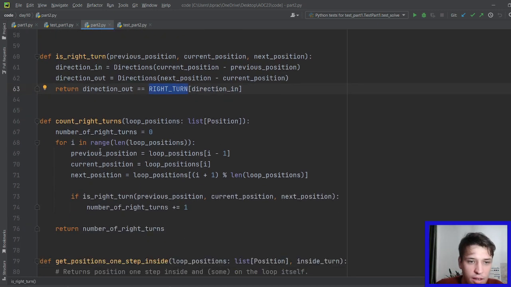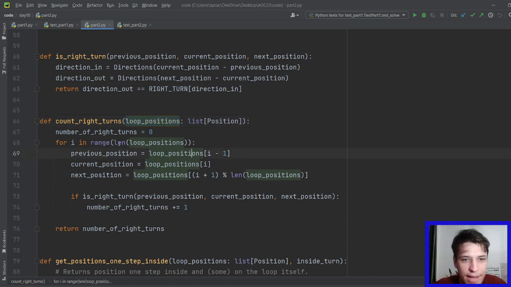We can use that to count the number of right turns inside the loop by going through each index of a loop position, considering the previous, current, and next position based on this index, and then evaluating if the 3 positions make up a right turn together.